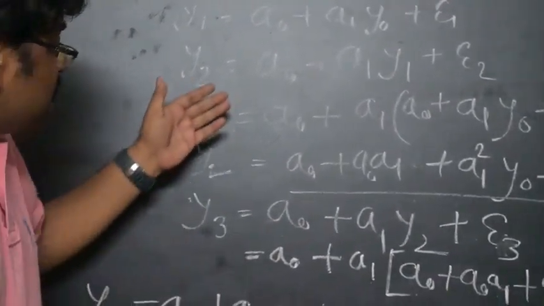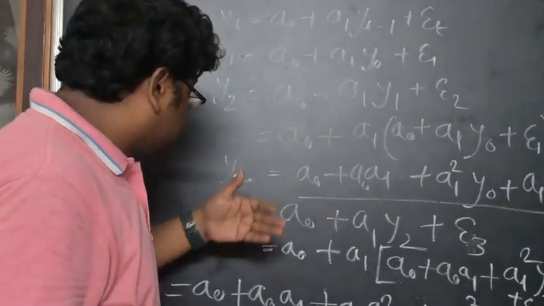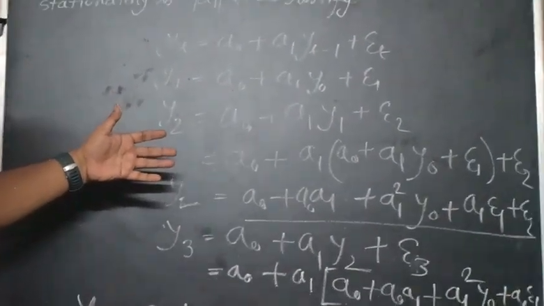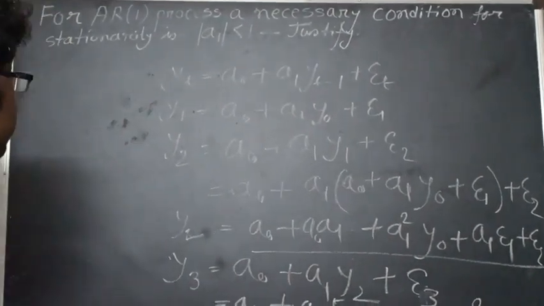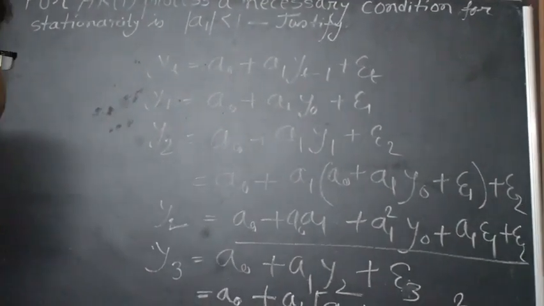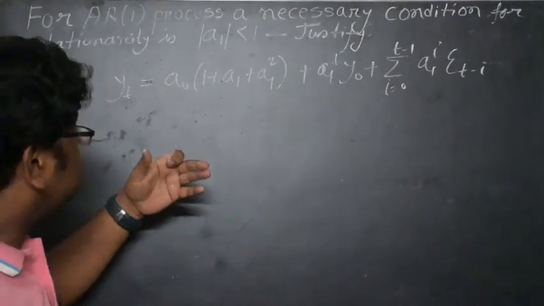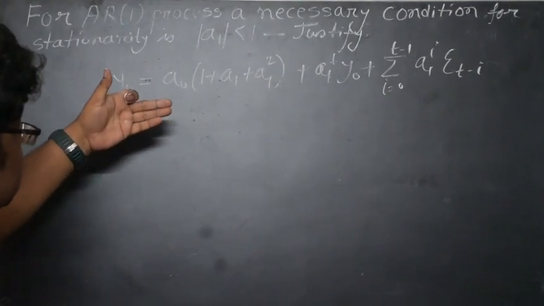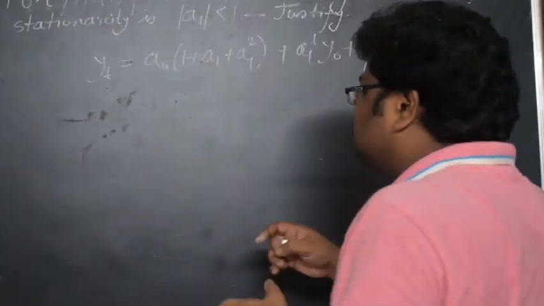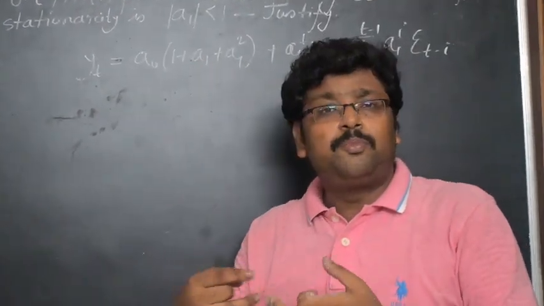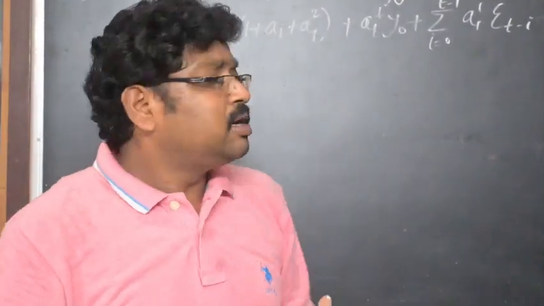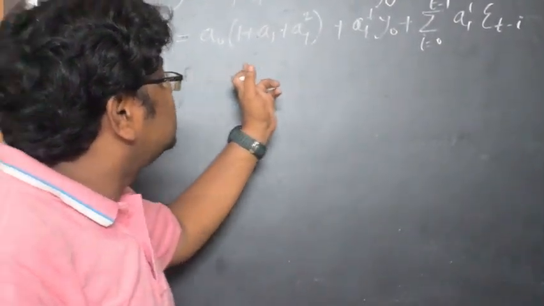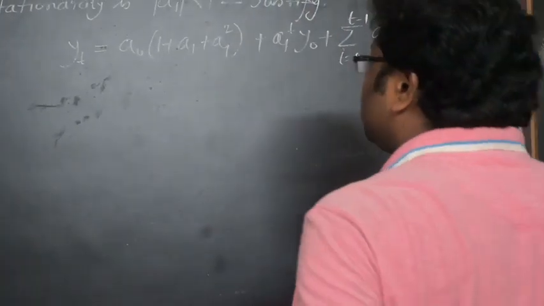So in period T we can write in such a way that after a number of periods, that is up to T, we have this equation.